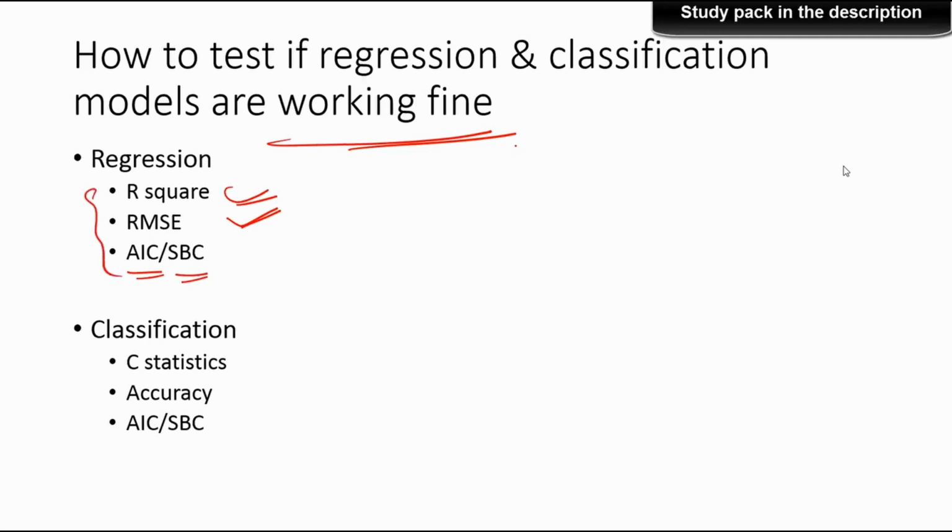These are commonly used statistics to select the best model out of several regression models. For classification, we use the C statistic, accuracy, misclassification error, and again AIC and BIC as well.